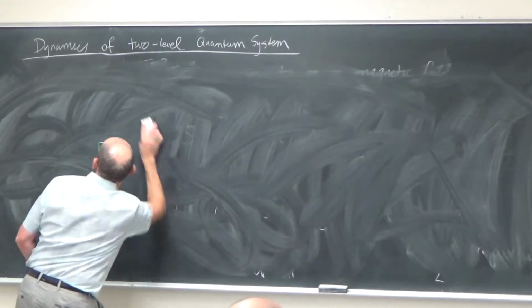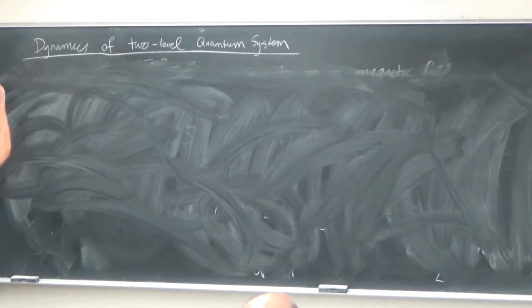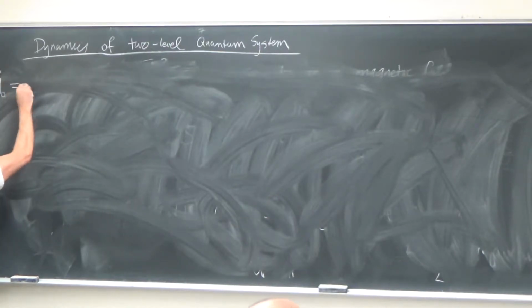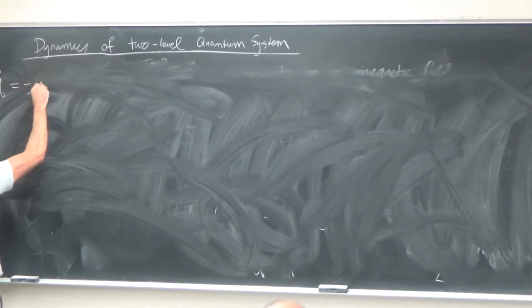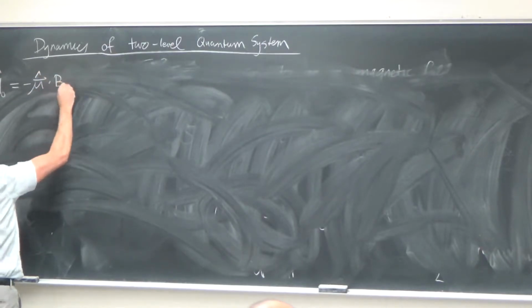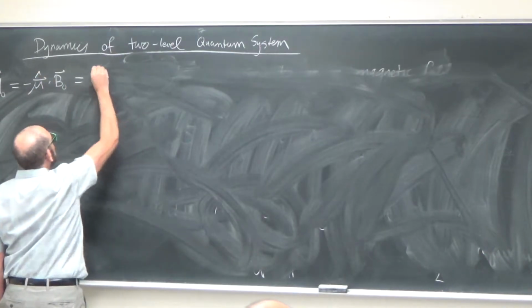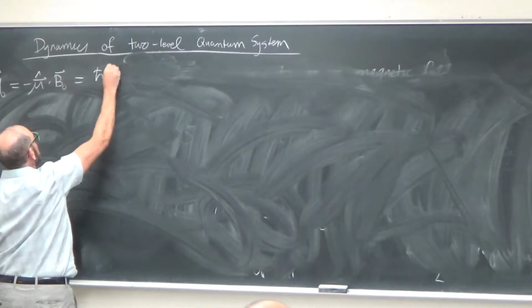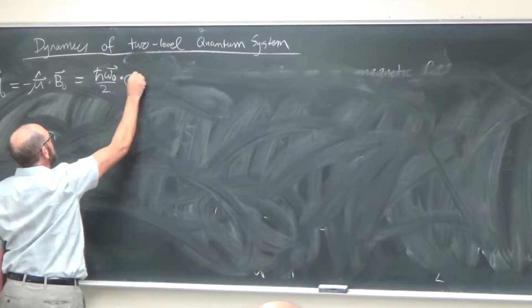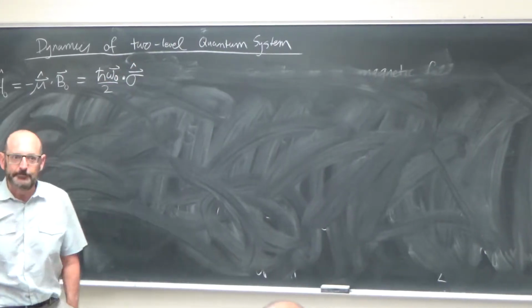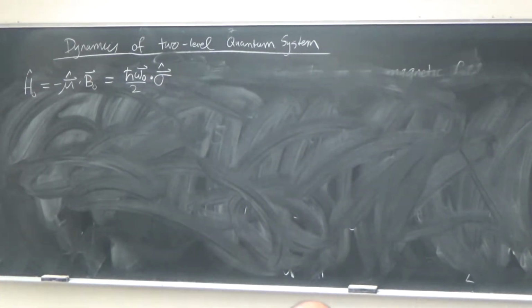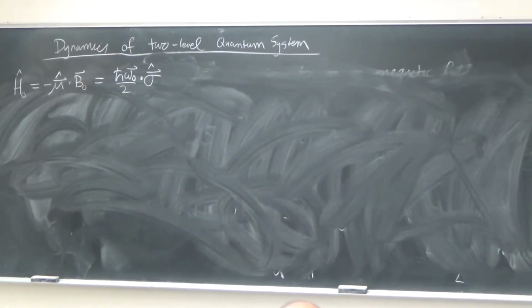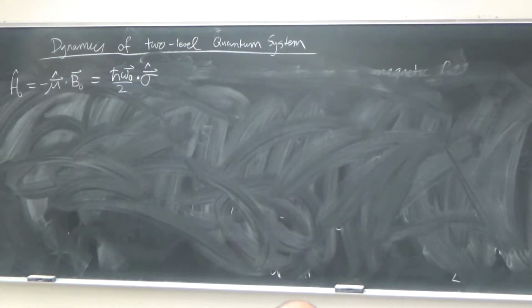So if I write again our Hamiltonian, I'll call it H naught, which was minus mu dot B naught, which we said was that, right? So now I ask you, what are the eigenvalues and eigenvectors of this Hamiltonian?